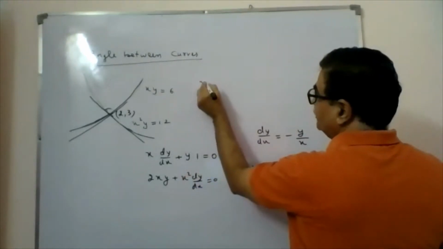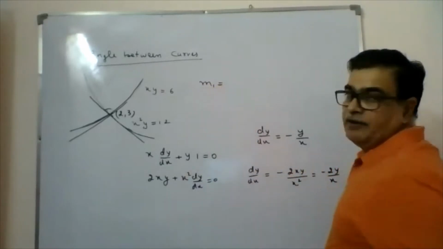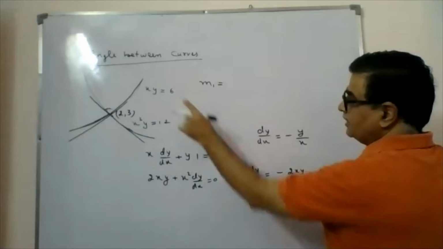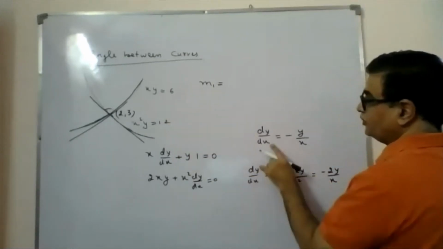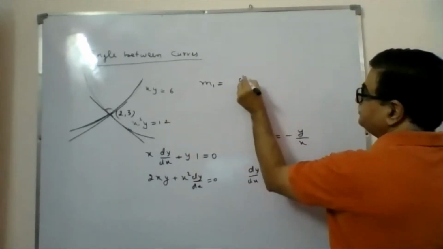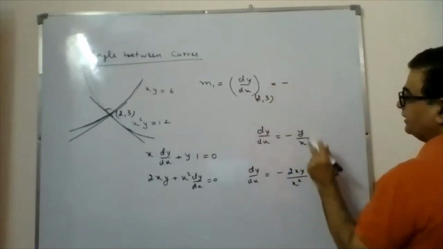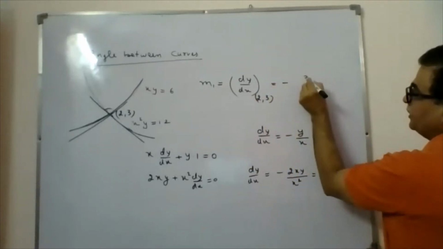So first find out m1. m1 is the slope of the tangent on the first curve. The first curve is this, xy is 6, so dy by dx here, at the point 2, 3. When you do this, it will come minus y by x, the value being minus 3 by 2.